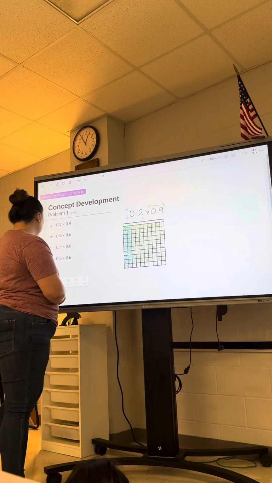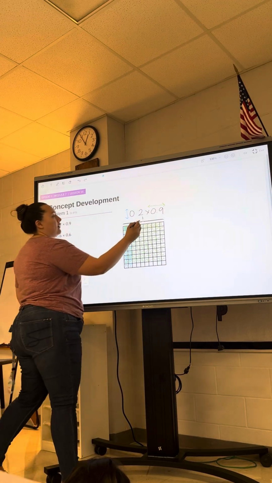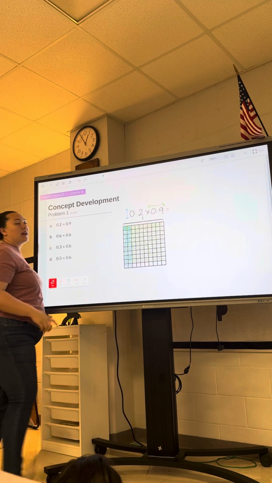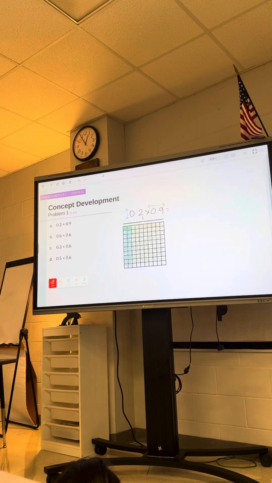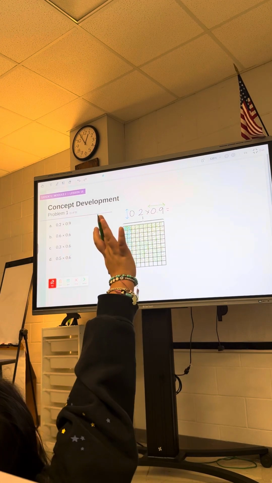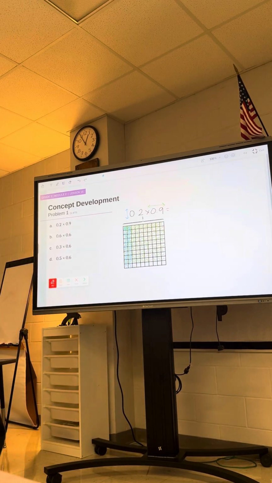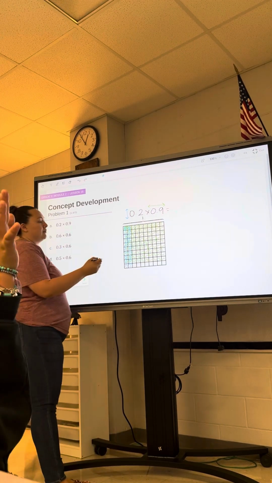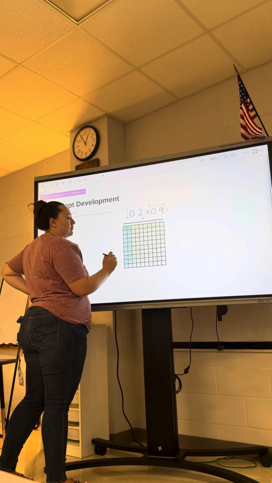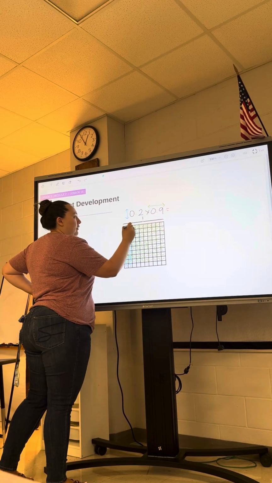Then I'm going to ask myself, how many are shaded in both green and blue? I'm looking for that overlapping number. How many tiles are overlapping? Dasani? 90? 90 are colored in green.